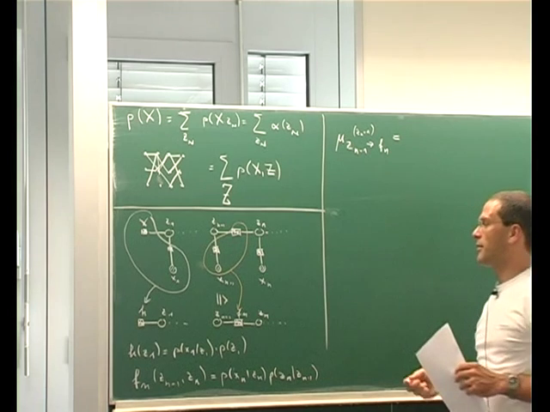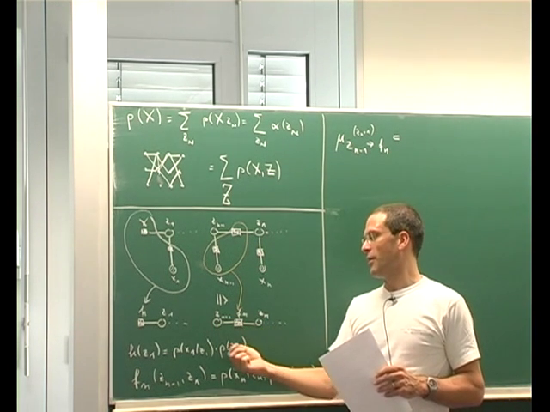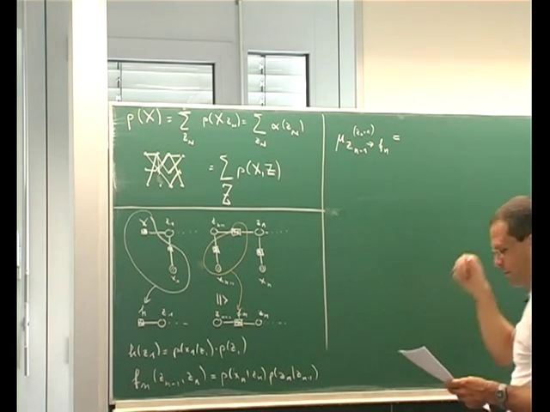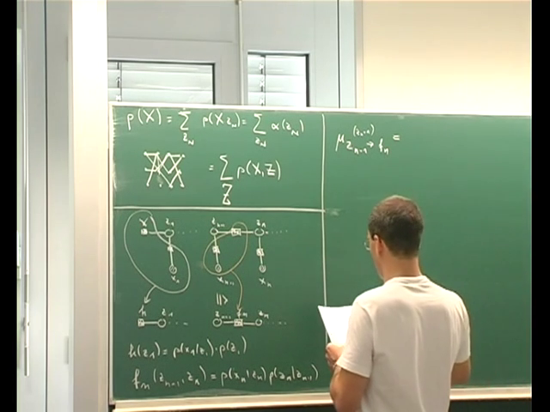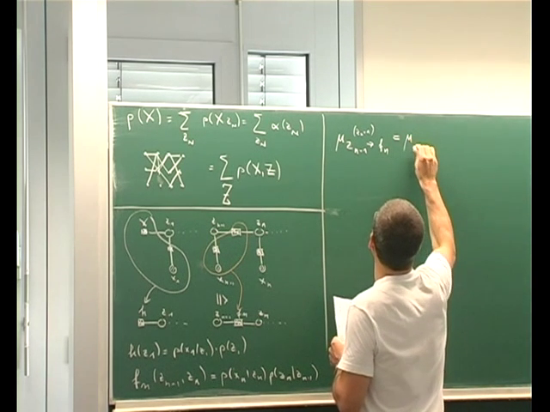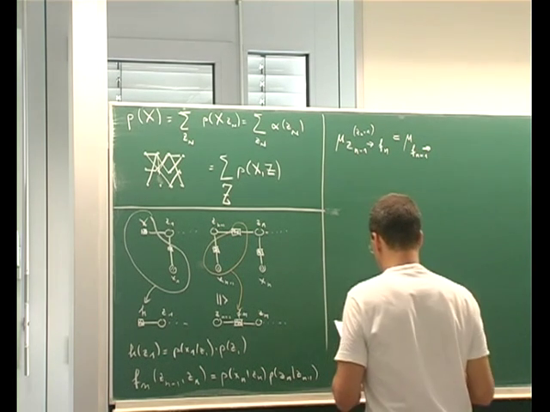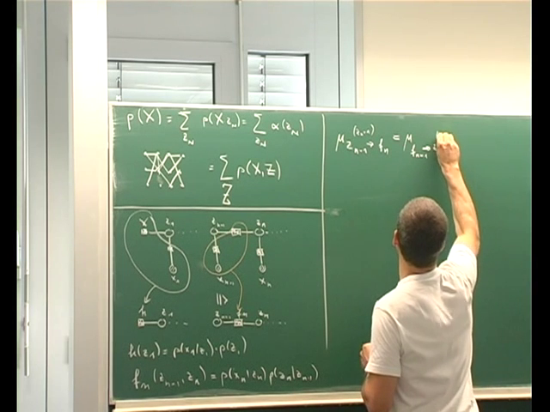And if you remember, a variable that has only two edges will simply pass on the message it received from one side. So this is equivalent to the message from factor n minus 1 to variable z_{n-1}.